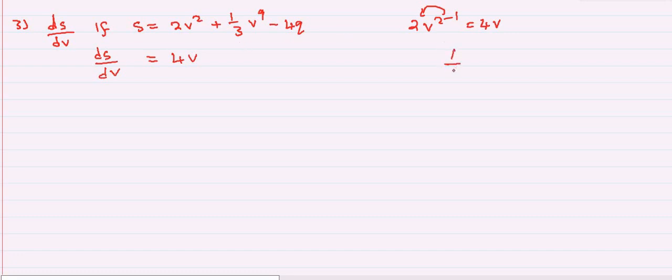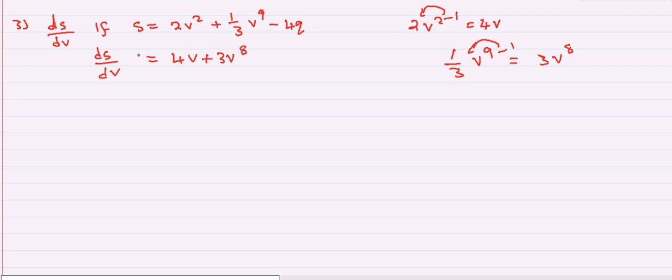Derivative of 1 over 3 v exponent 9: the exponent multiplied by the coefficient, 1 over 3 multiplied by 9 is 3v, minus 1 on the exponent, 3v exponent 8. This is positive 3v exponent 8.